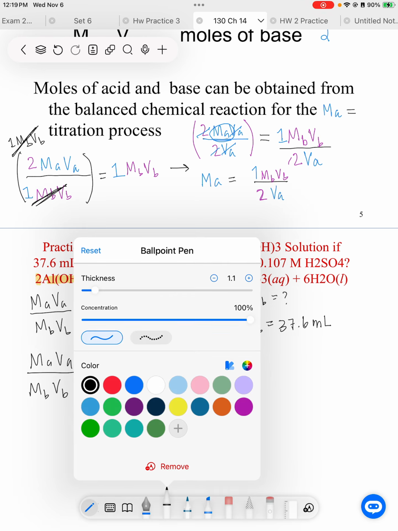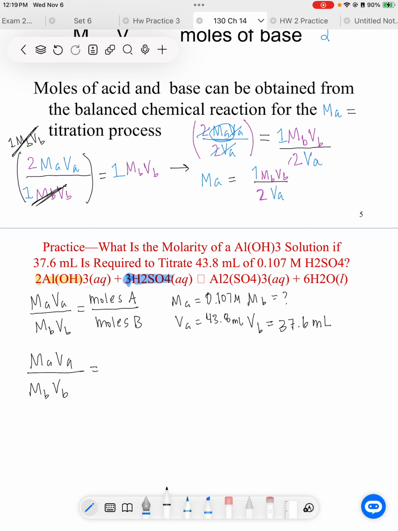All right, well, we can write that up, and I'm just going to stay in black for now, but I hope you can follow. So we have MAVA over MBVB equals our moles of acid, 3 moles, over our moles of base, 2 moles. What's the first thing we want to do? Do you remember? We want to multiply by the reciprocal. So we want to bring this 3 down here and this 2 up here. And I'm going to do that right like this. So we had 3 over 2, so now we want to have 2 over 3. Okay.